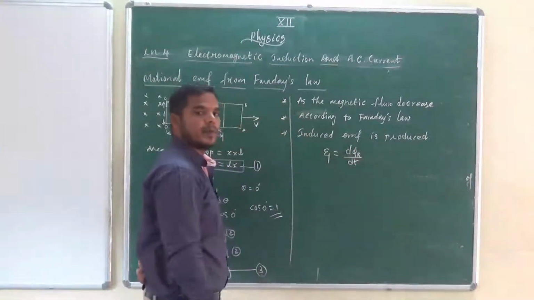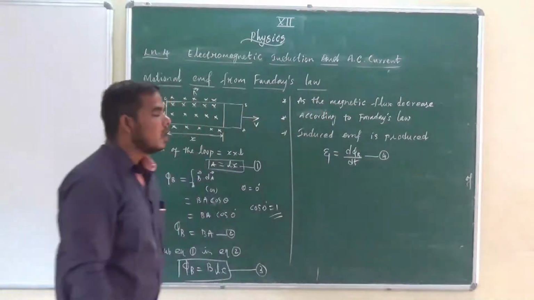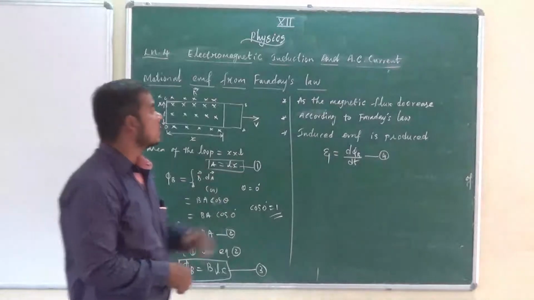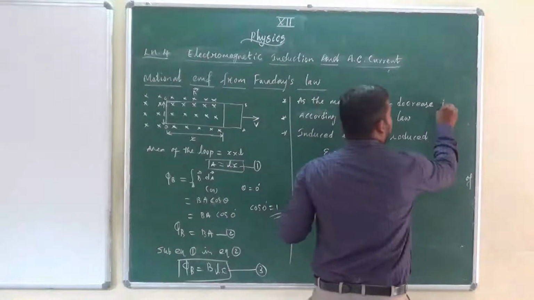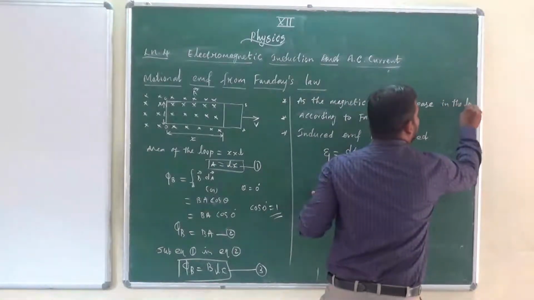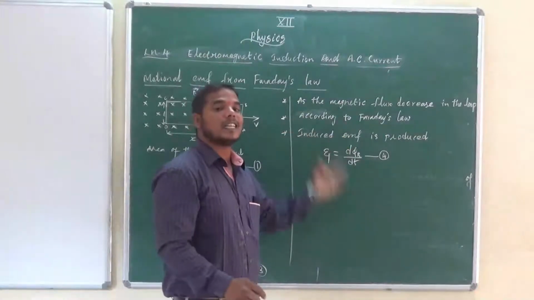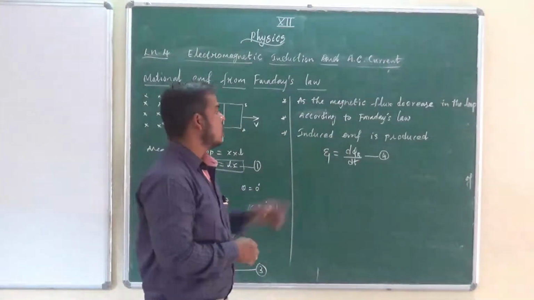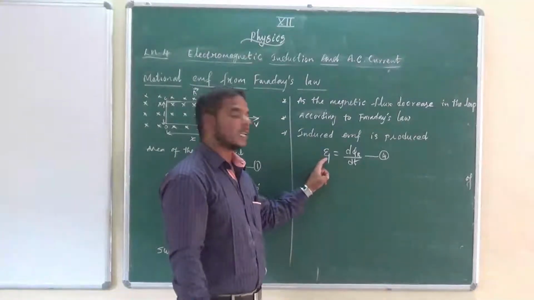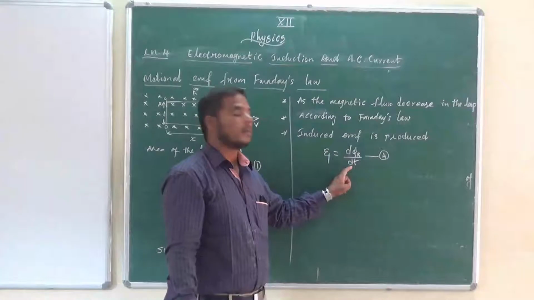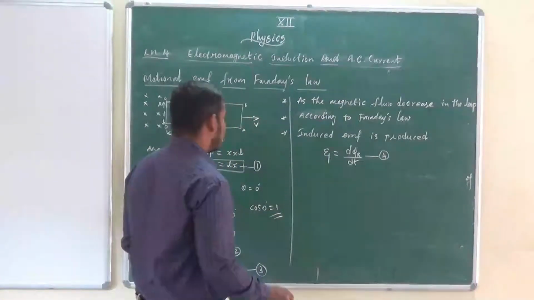This is equation number 4. How is that equation obtained? As the magnetic flux decreases in the loop, according to Faraday's laws, the induced EMF is produced. That induced EMF is represented by the equation we already derived, ε equals dΦ_B by dt. So now we substitute equation number 3.